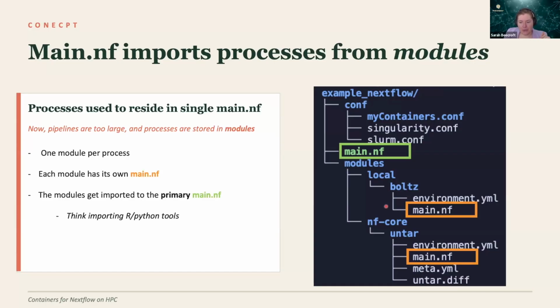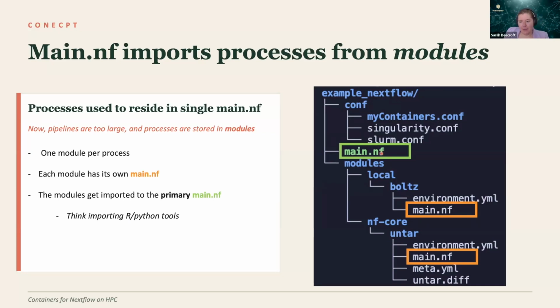These modules get imported to the primary main.nf. It's a bit like importing something with R or Python, like from utils import whatever, and Python will go out and find that and import it at runtime. That's kind of what the main.nf is doing.